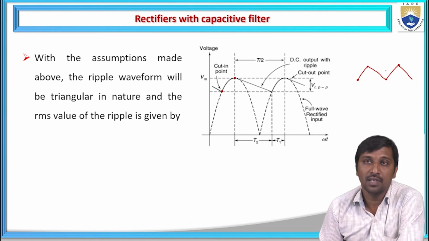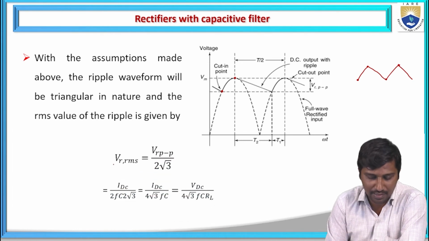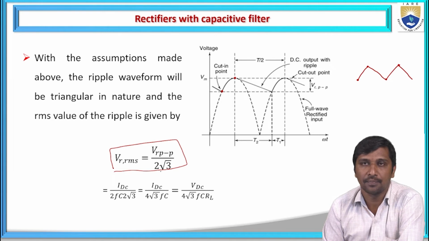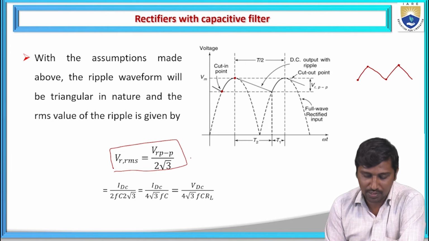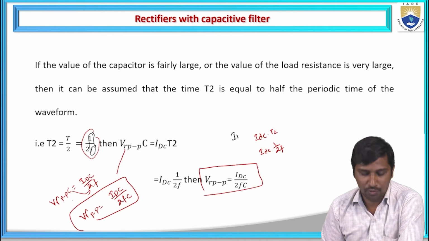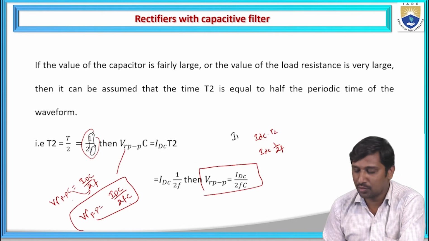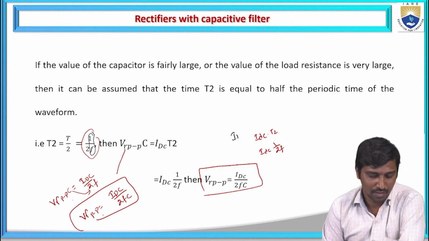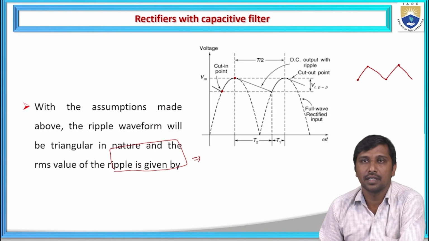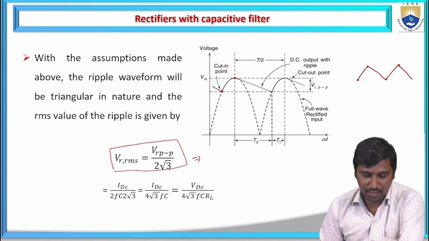Hence, the RMS value of the triangular waveform is represented as VR peak to peak by 2 root 3. And we observed VR peak to peak previously: it is IDC by 2FC. Now I'm going to substitute this VR peak to peak value to find the ripple factor using the triangular nature.